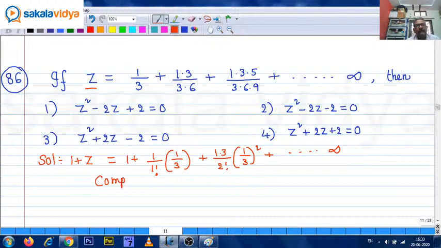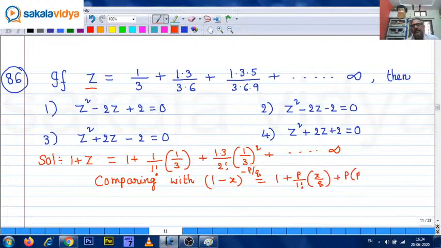Comparing with 1 minus x whole to the power of minus p by q, whose value is equal to 1 plus 1 by 1 factorial of x by q, plus p times p plus q upon 2 factorial x by q whole square, and so on to infinity.